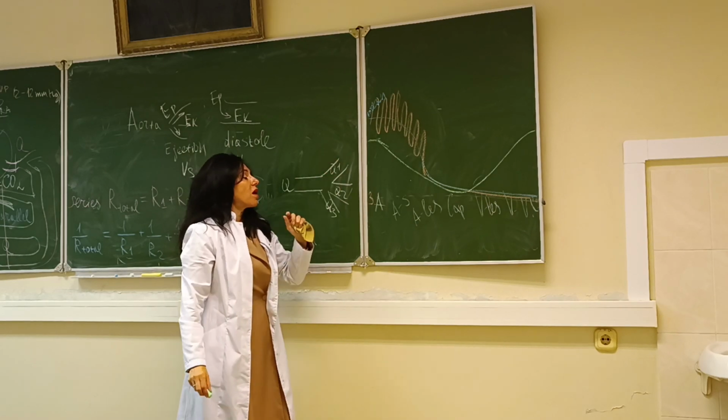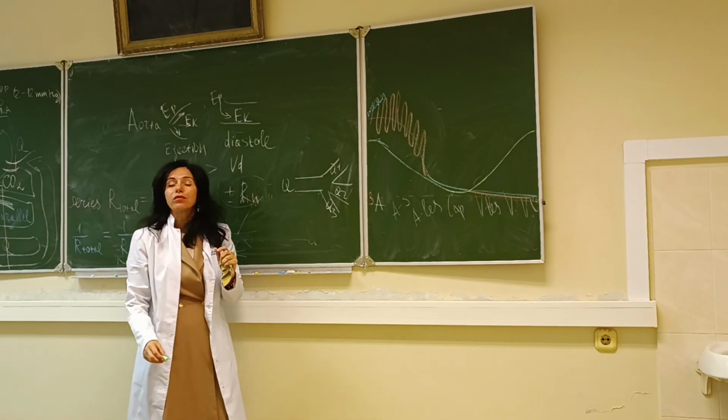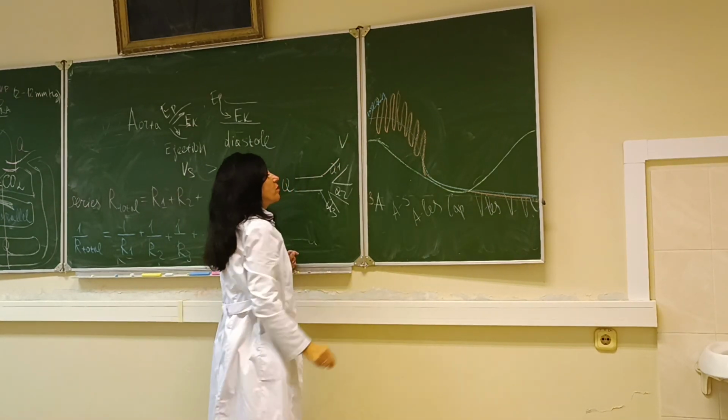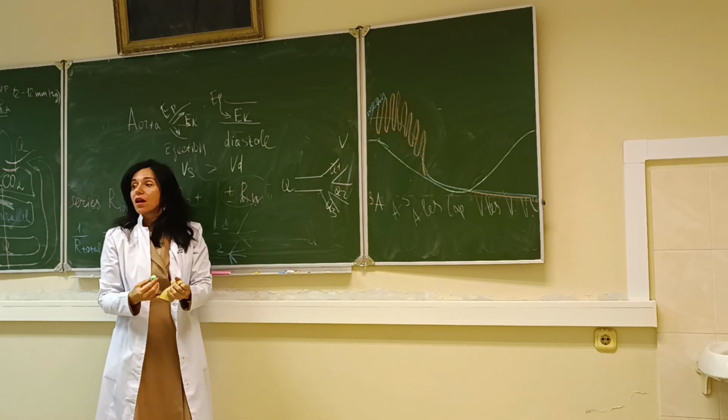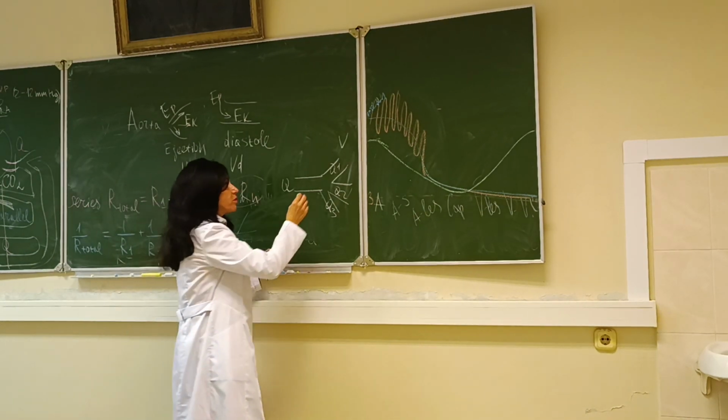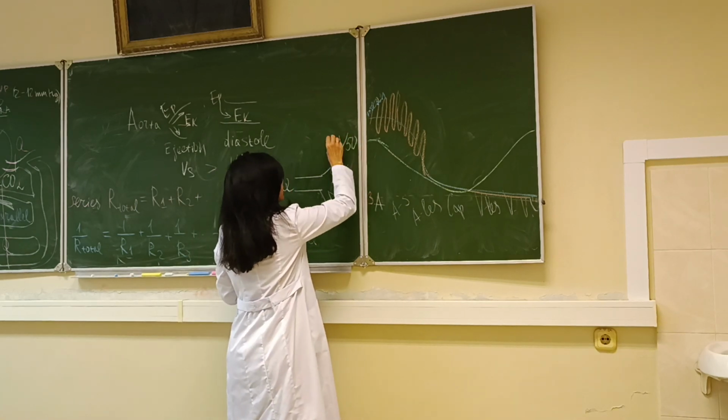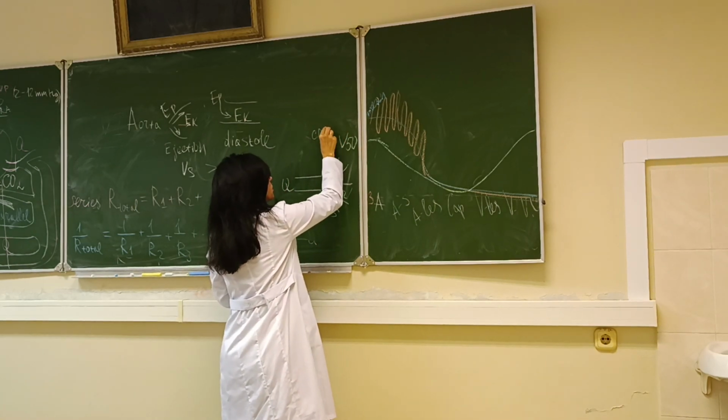What is the average blood flow velocity within our body? About 40 to 50 centimeters per second. The unit is centimeters per second.